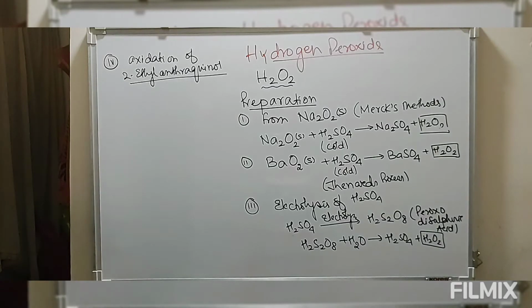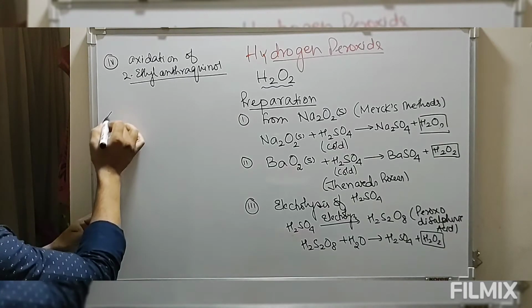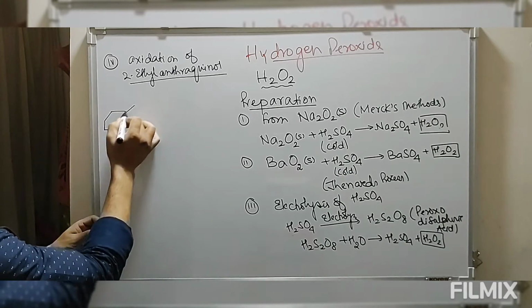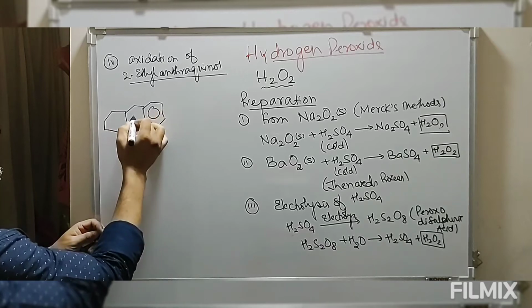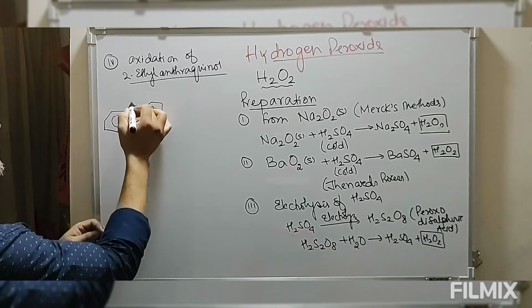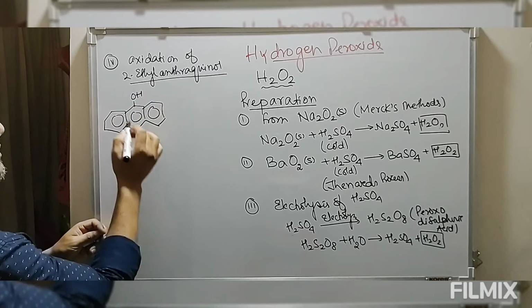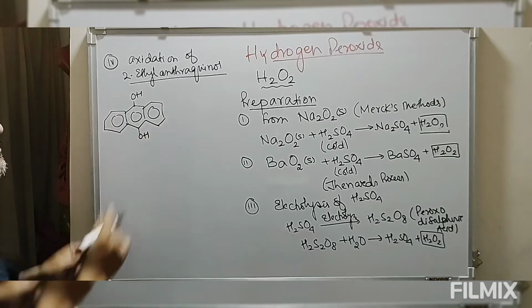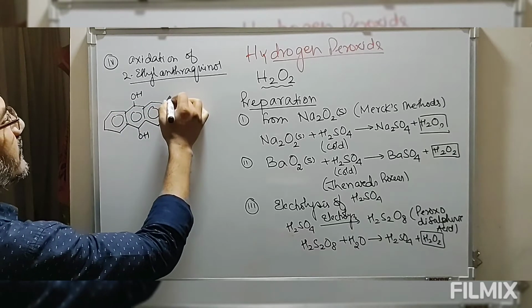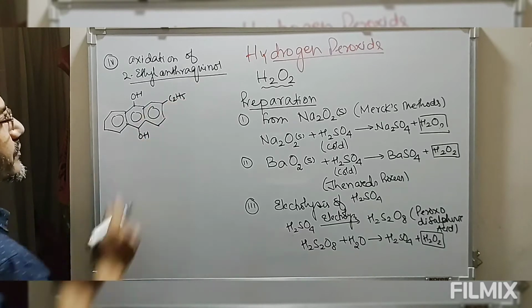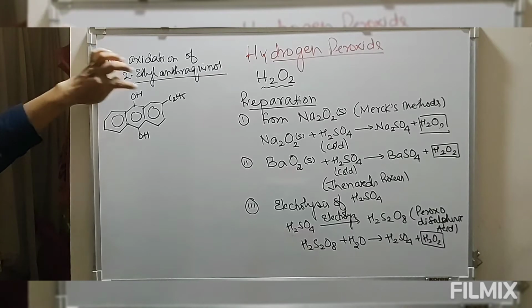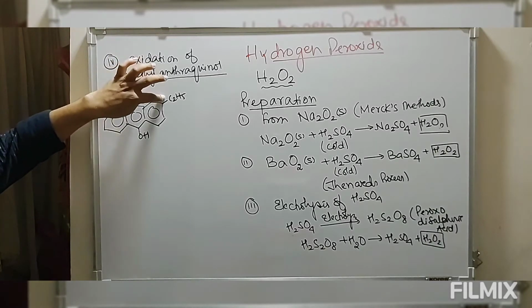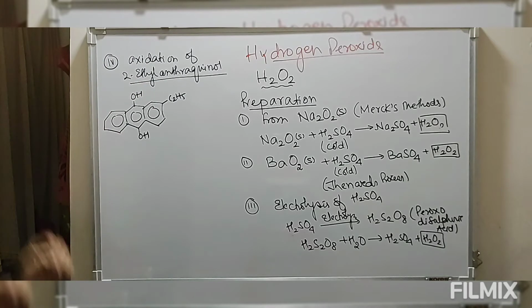We take this particular compound, 2-ethyl anthraquinol, that is, this is the compound. This is the aromatic ring. We have this substituent C2H5. This is what is called 2-ethyl anthraquinol. This position is known as the 2 position. This is known as anthraquinol.